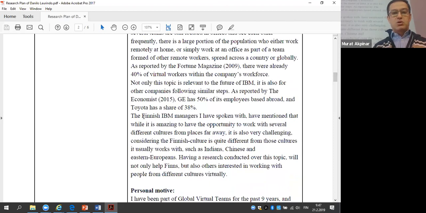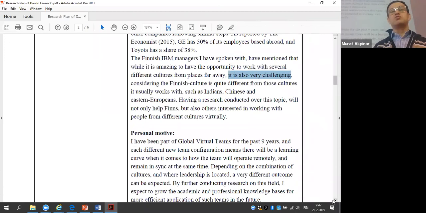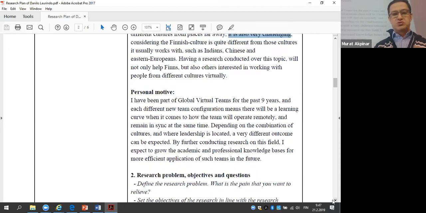He has been talking also with the managers in IBM in Finland, saying that also from the manager's perspective, it is challenging to work in global virtual teams, and cultural challenges are mentioned here. So also from the company perspective, it will add value to study the challenges of global virtual teams.